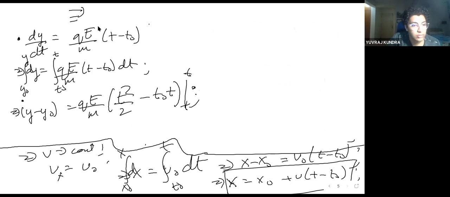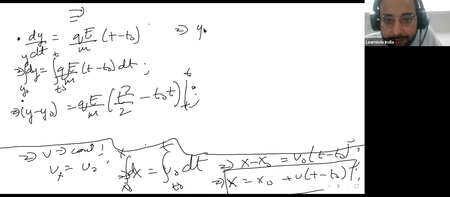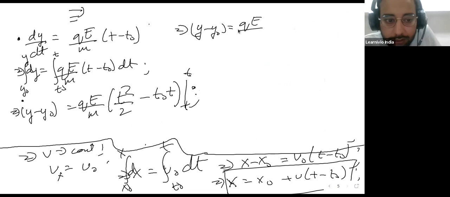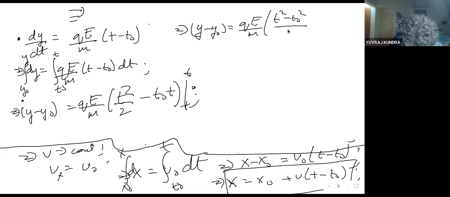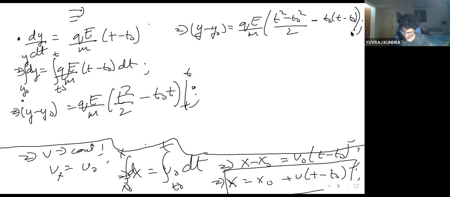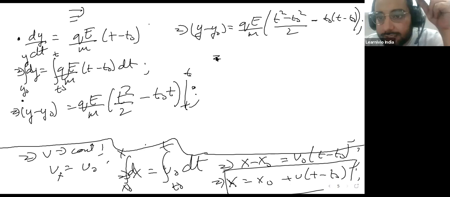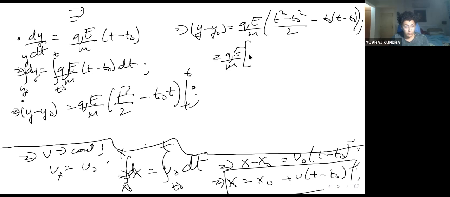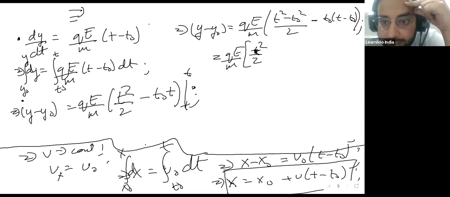So let's do this properly. This is y minus y naught is equal to QE over M times T square minus T naught squared over 2 minus T naught times T minus T naught. Okay, so you will essentially have 4 terms. QE over M with a T square over 2. This is your quadratic term, your T square term.